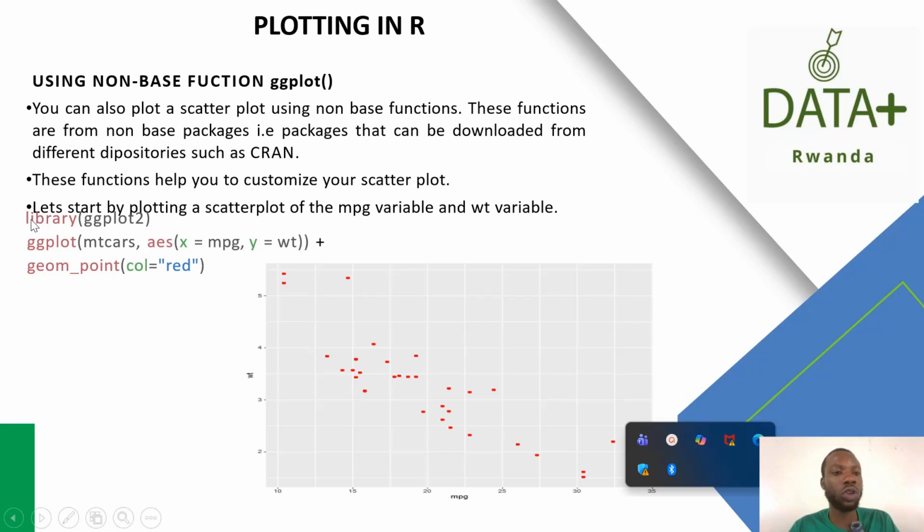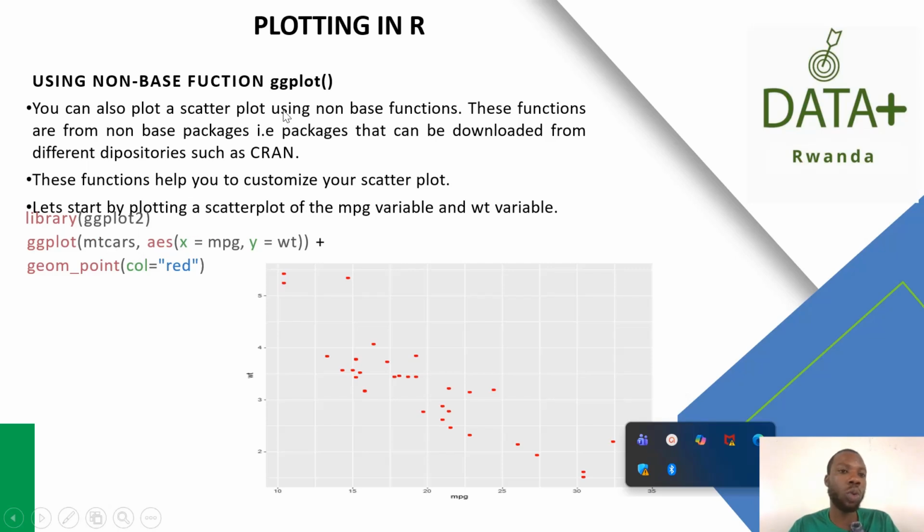So what you have to do is run the library called ggplot2. Remember, if you have tidyverse, there is no need to call the library ggplot2 because it is also bundled in the tidyverse. As we have seen, once you have tidyverse, there is no need to load ggplot again.